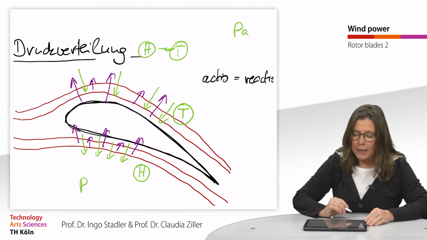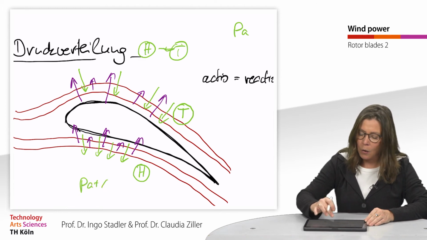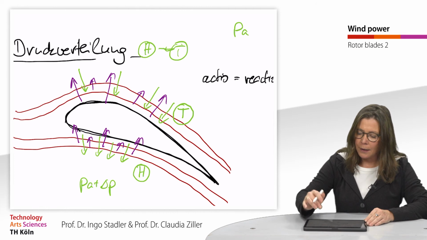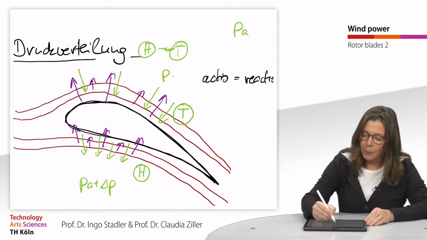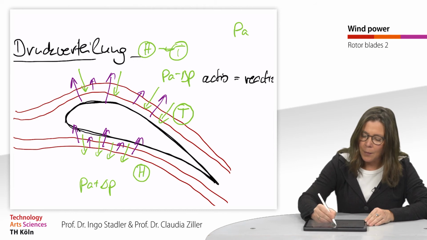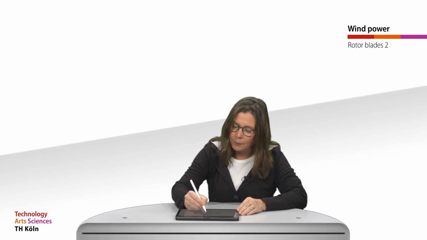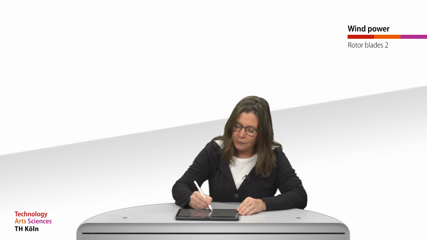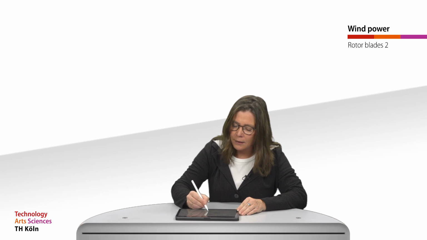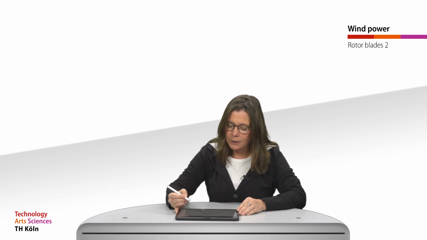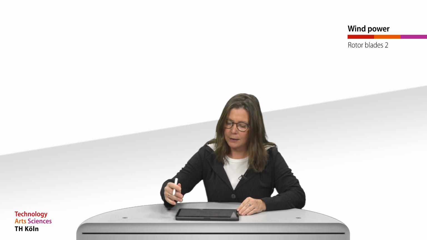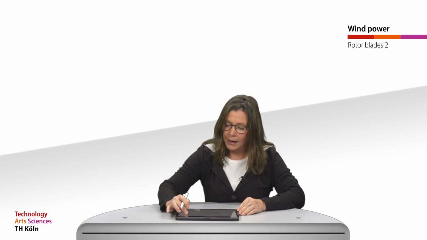What does that mean for the airfoil? So we can now draw the pressure. Above you have ambient pressure plus some pressure caused by the pressure gradient force, and below you have ambient pressure plus the pressure caused by the pressure gradient forces. So what does that mean for my airfoil?